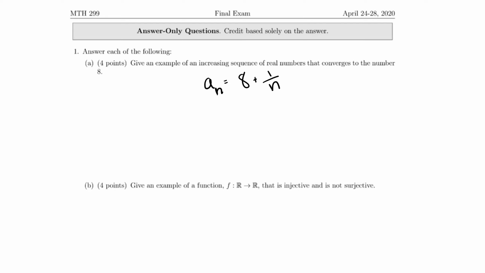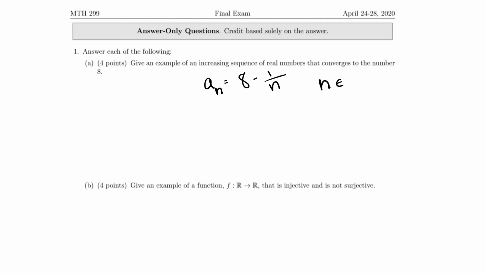When n equals 1, this is 9, but when n equals 2, this is 8.5. So maybe what we could do instead is subtract 1 over n. So now it is getting bigger. When n is 1, this is 7, and when n is 2, this is 7.5, so we're going up, but still converging to 8.